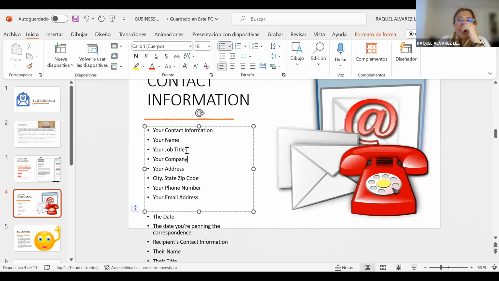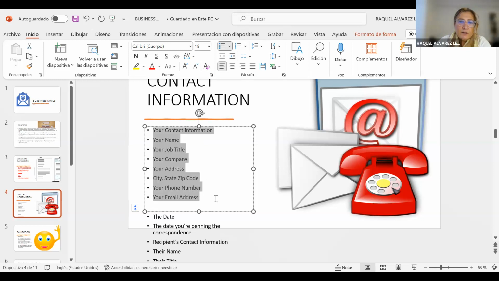Your job title is your position. You are the manager, you are the responsible of the social networks, you are the responsible of the human resources, the name of your company, your address, your city or your code, your phone number, your email address, okay? This is in relation with your information, okay?